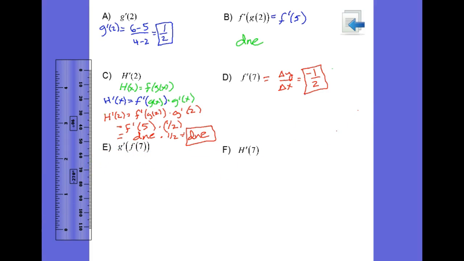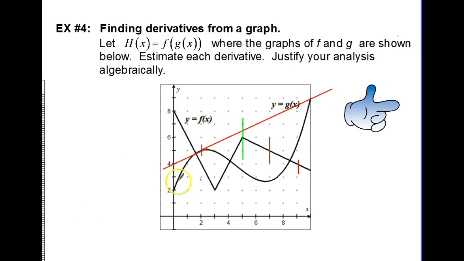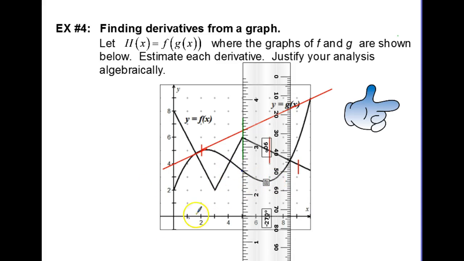So let's rewrite this then as g prime of 5. Going back to the graph, we can see that g prime is our cubic function, and at 5 we appear to have a point of inflection. So let's see what we can do here.